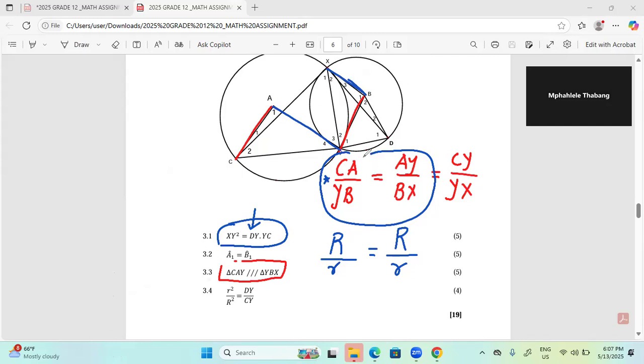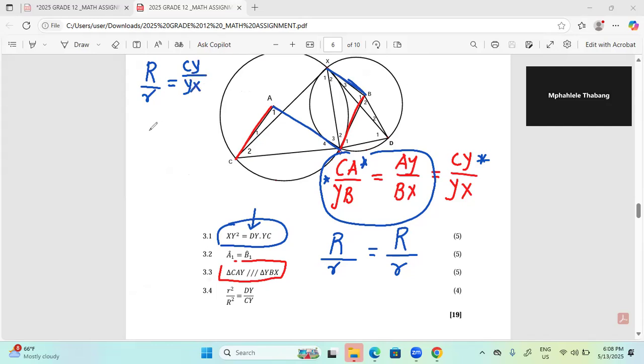So let me take CA over YB and CY over YX. CA, which is capital letter R, over YB, which is r, equals to CY over YX. What is YX?